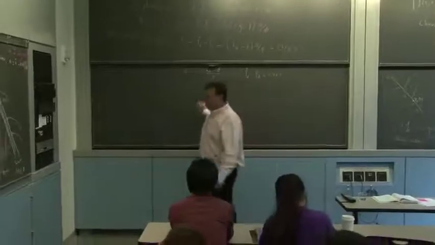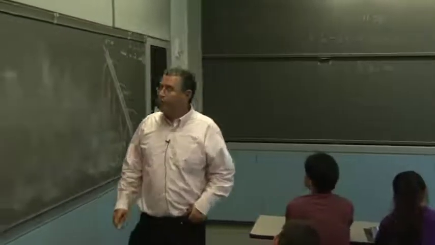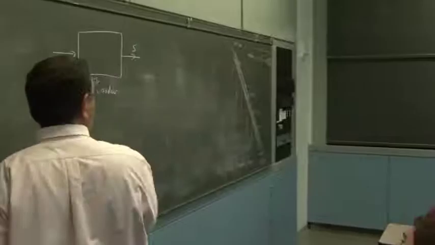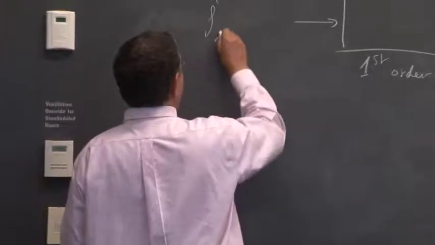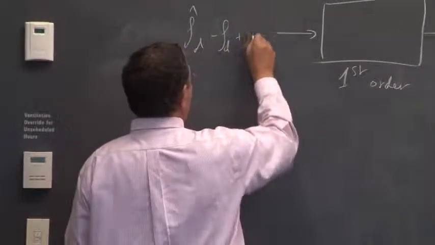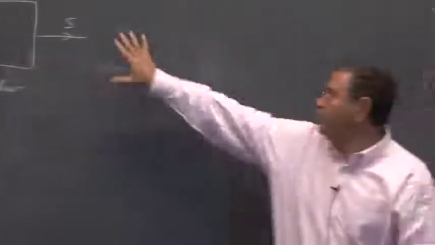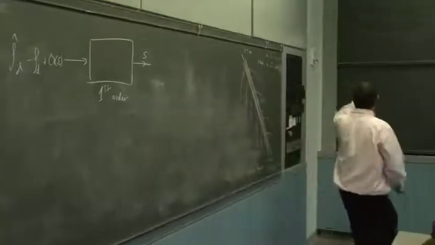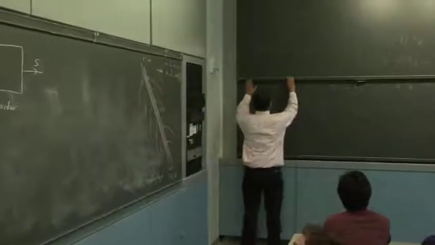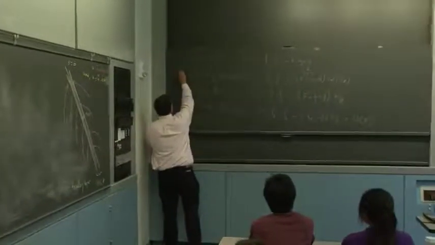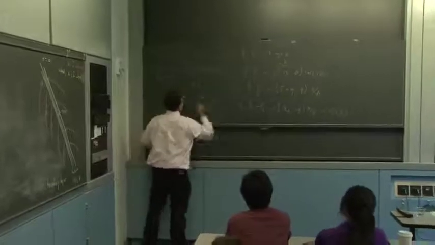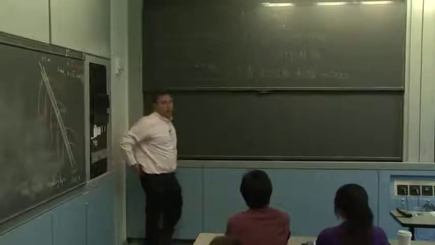And that's this dynamics, okay? So in other words, something which is driven by f hat d minus fd plus something of the order of epsilon, okay? This is not what you implement in your controller, right? What you implement in your controller is this, okay? This is just trying to analyze what's happening in the closed loop system.